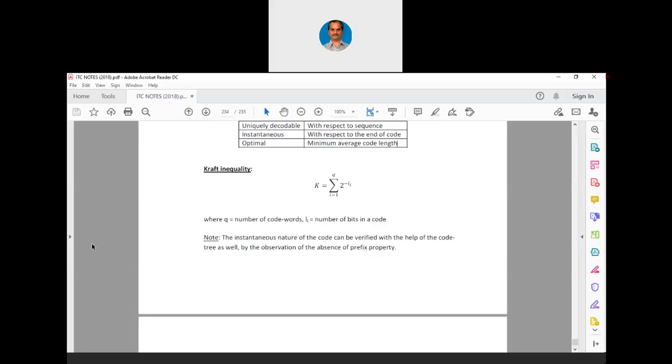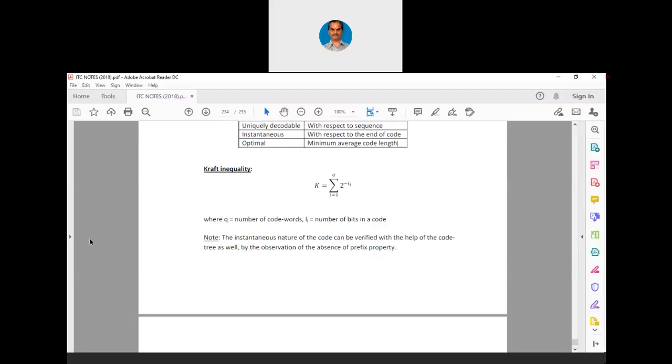I had mentioned one more thing when we discussed Kraft inequality, that any code which satisfies Kraft inequality can be considered an instantaneous code, but it does not mean that every code that satisfies Kraft inequality is instantaneous. We had mentioned this and we had seen the example also.